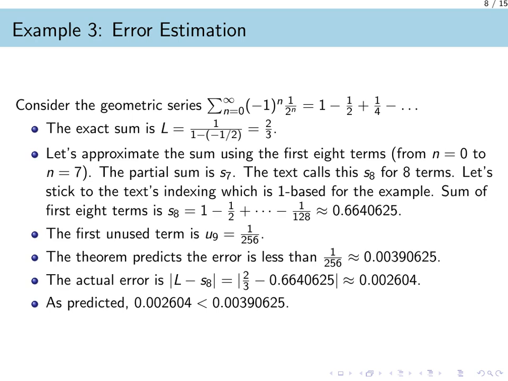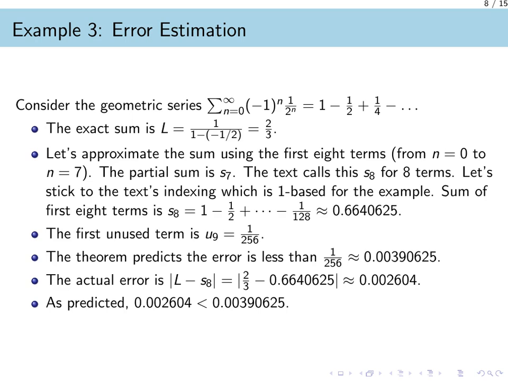This value is approximately 0.664. According to the estimation theorem, the absolute error of this approximation should be less than the magnitude of the first term we left out. The first unused term is the 9th term, which has a value of 1 over 256, or about 0.0039. This is the theorem's predicted upper bound for our error.